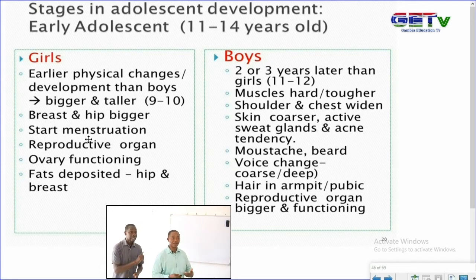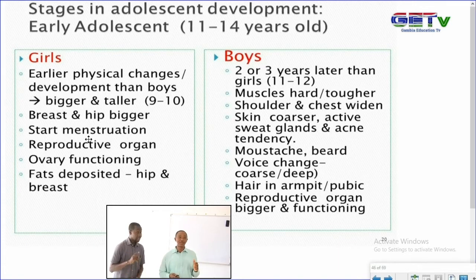The breasts will develop, and the hips, of course, begin to widen, they become bigger. They experience menstruation, that is the monthly flow of unfertilized egg with blood, which normally is like a sign that this child is ready for reproduction.